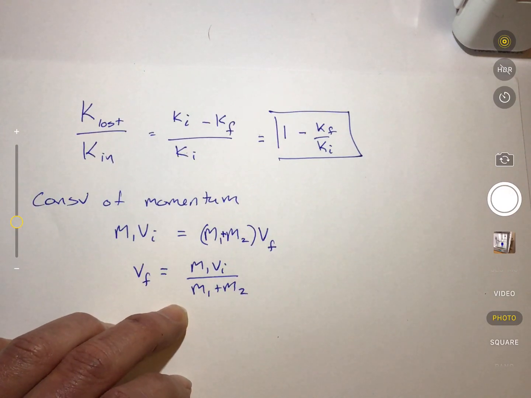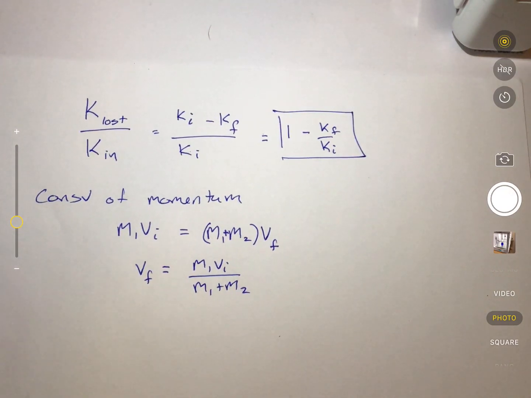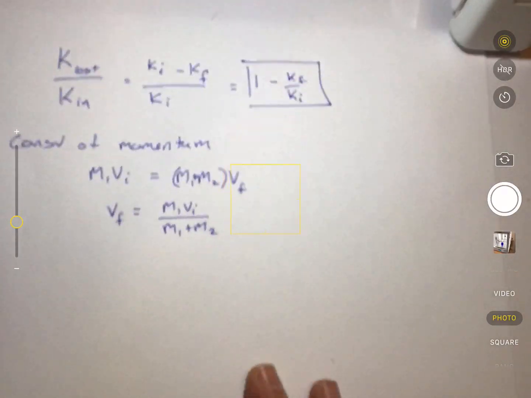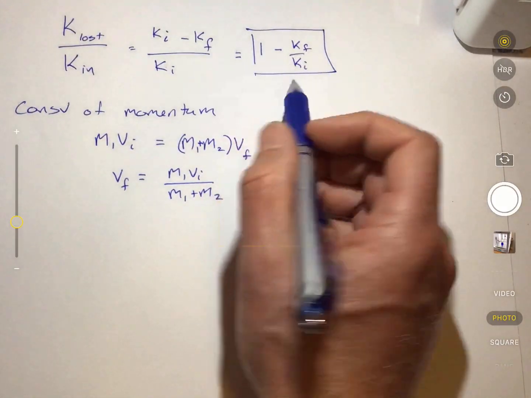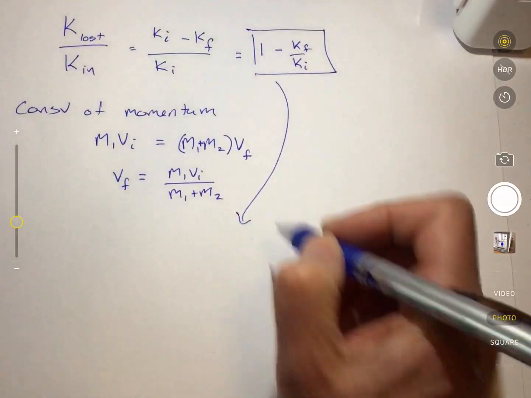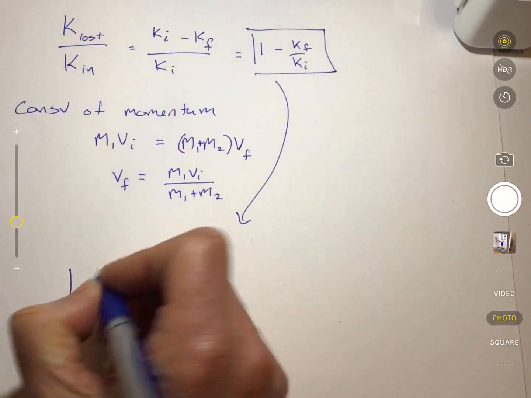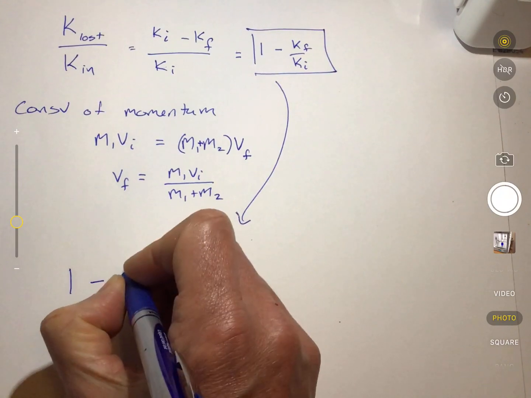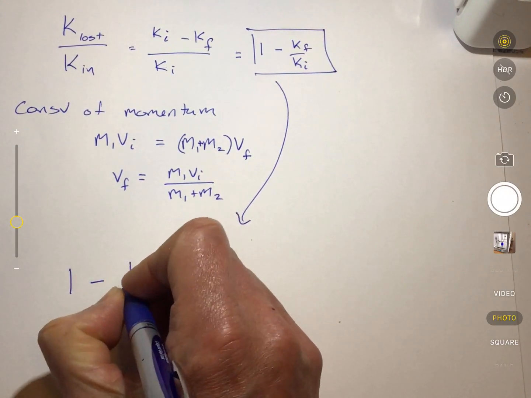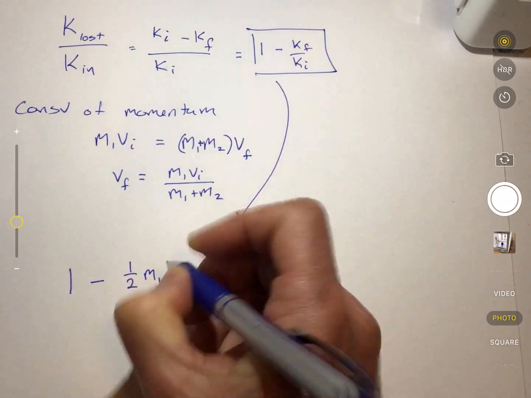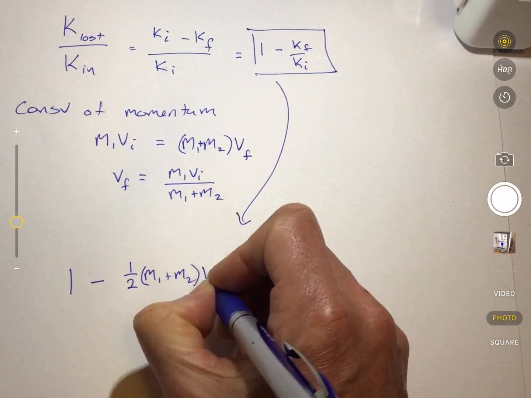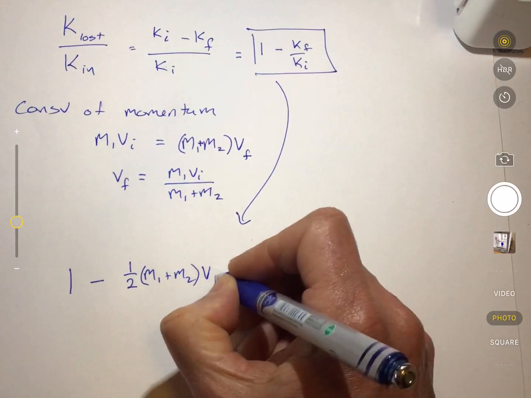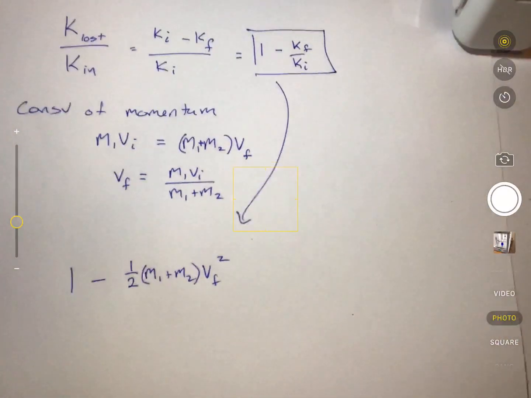So then let's figure out how we are going to put that into the next step here. If I expand this out, 1 minus, instead of KF, I'll write this. It's going to be 1/2 (m1 plus m2) VF squared, right?